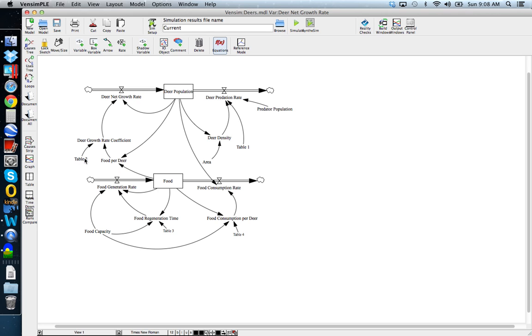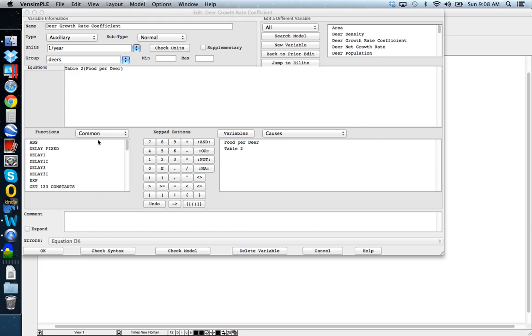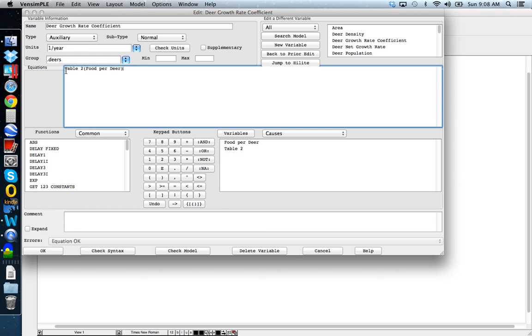And I want to stop and look at these tables. I think there was a little bit of confusion as to how these were used. I want to stop a little bit there today. But the interesting thing is that if you go to that rate coefficient, you will see that the equation for it is table 2 as a function of the food per deer.